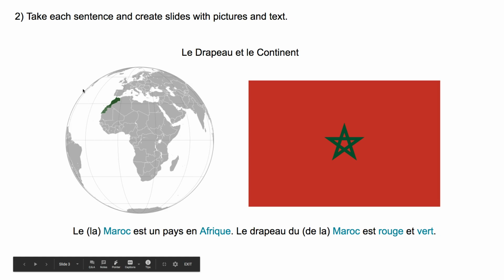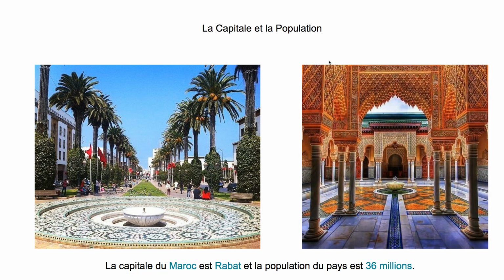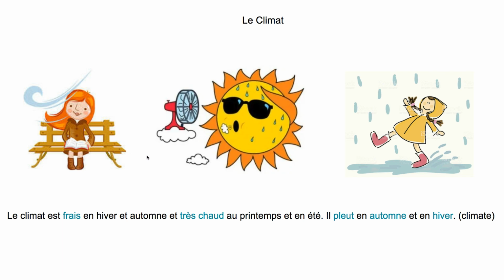It's up to you. So remember, we looked at different topics like the flag and where your country is, which continent, the capital city, that's the most important city, and the population, how many people live there, the climate, what does it feel like in the winter, summer, spring, does it rain, does it snow?